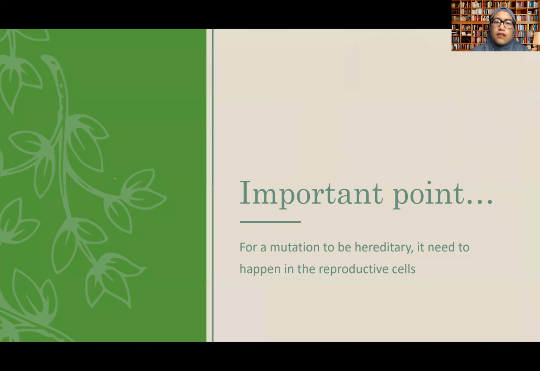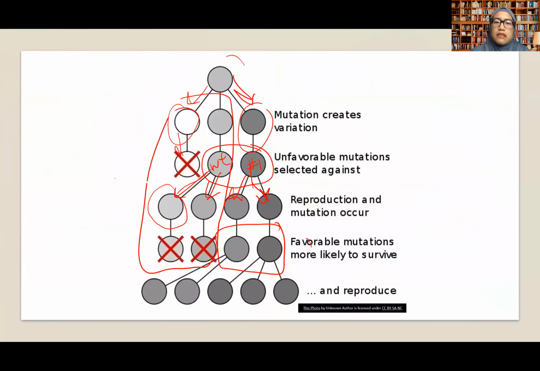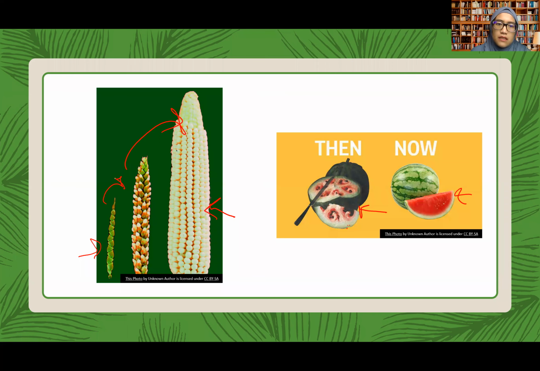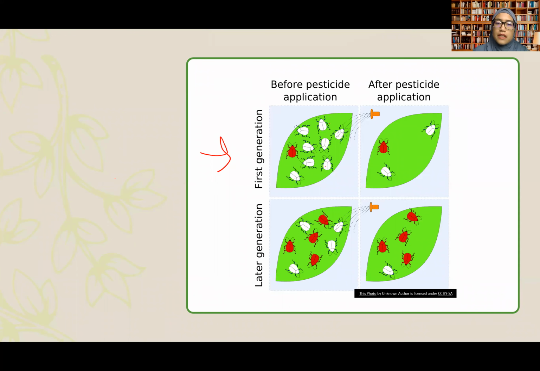So if you look here, like this one, the red beetles have an advantage of surviving pesticide as opposed to the white beetles.